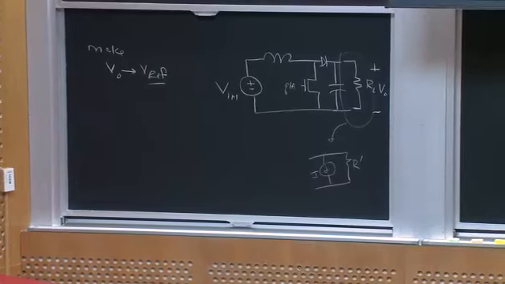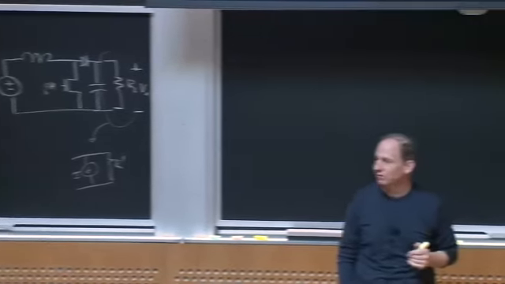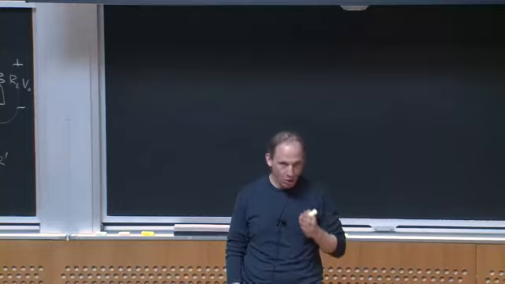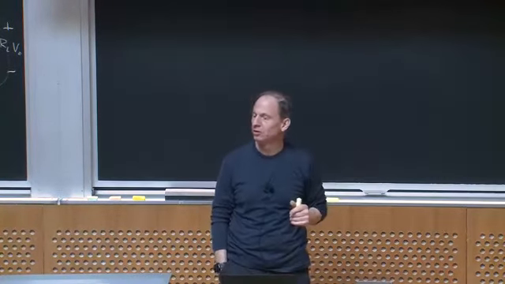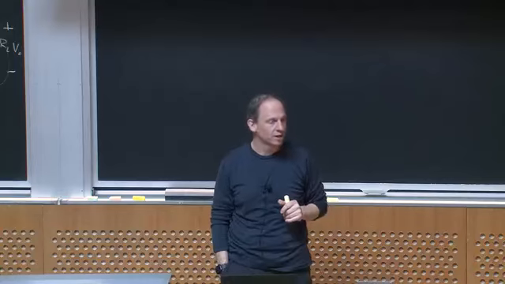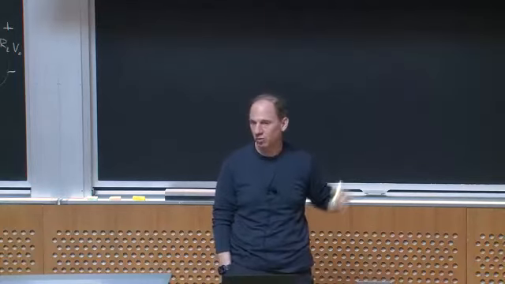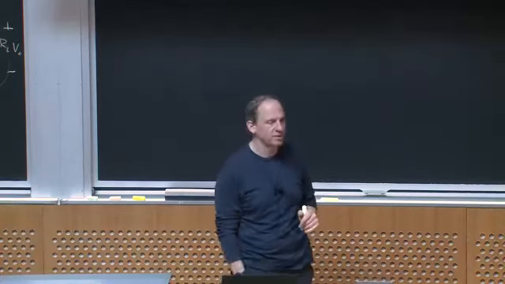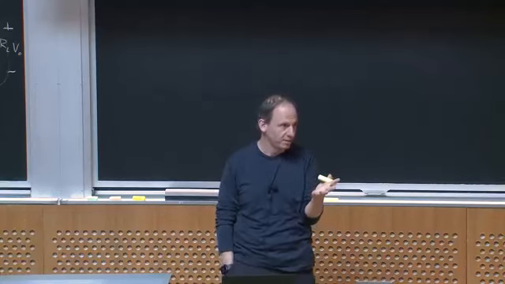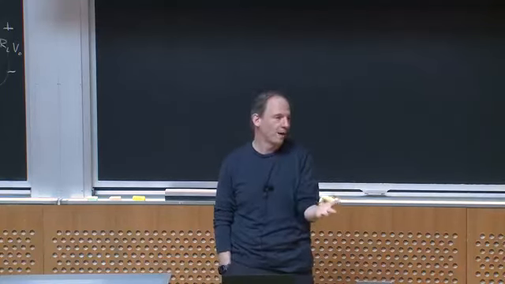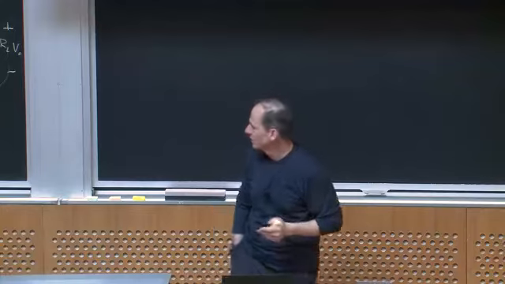Vref might be fixed. It might be, I want 12 volts output all day long, or it may be something that you dynamically vary based on some other consideration that we're not going to talk about, right? So it could be a fixed or a variable reference. But for the present time, let's just assume I want my converter output to be some fixed value that I would like it to be. If I'm creating a 12-volt power supply, I want it to be 12 volts, okay?